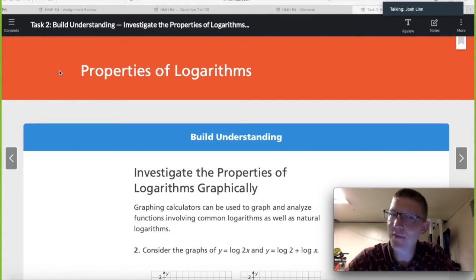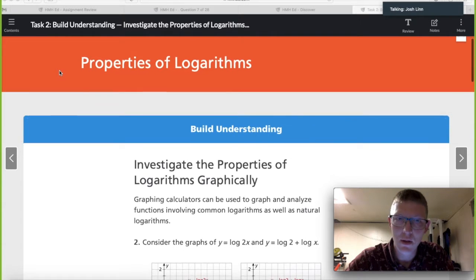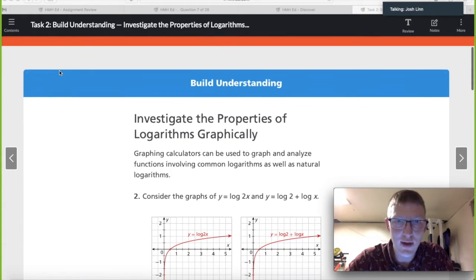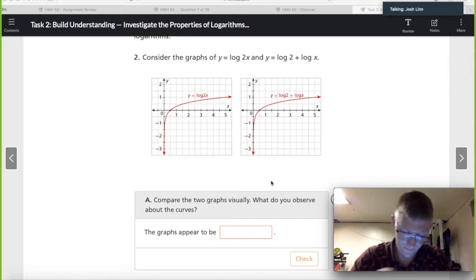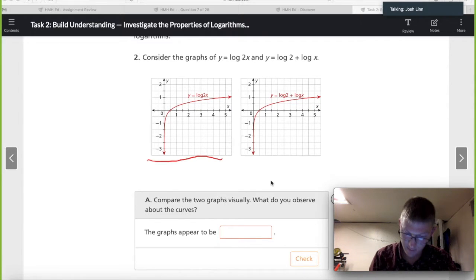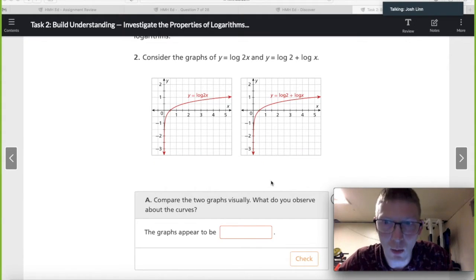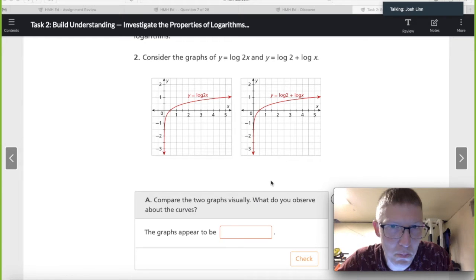So let's see what that means. Let's look at the graphs of these two things. Okay, so let's consider the graphs of y equals log of 2x and y equals log of 2 plus log of x. Let's look at them. So here they are. Log of 2x, log of 2 plus log of x. Wow, they look pretty similar.